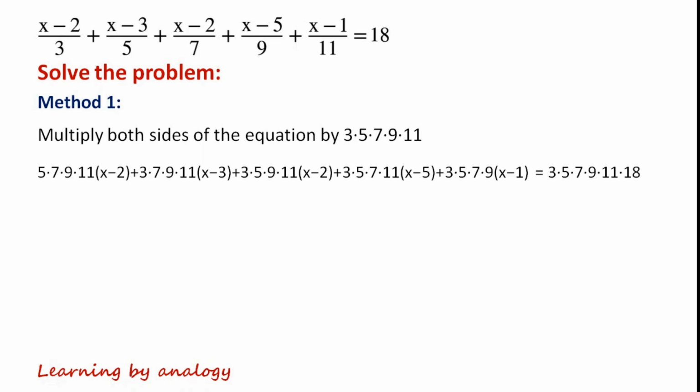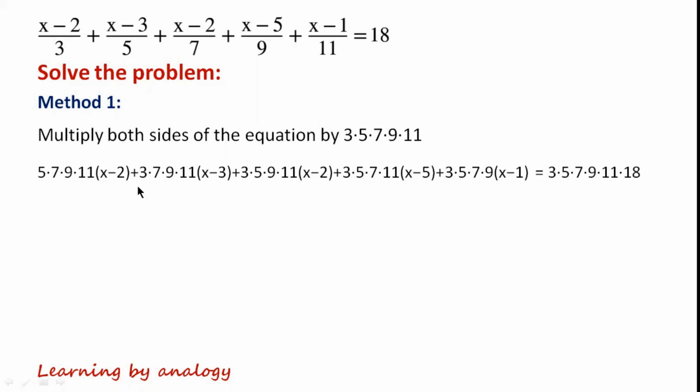Multiplying the first fractional term by 3 times 5 times 7 times 9 times 11 will result in 5 times 7 times 9 times 11 times (x - 2), as the 3 in the numerator and the 3 in the denominator cancel out.